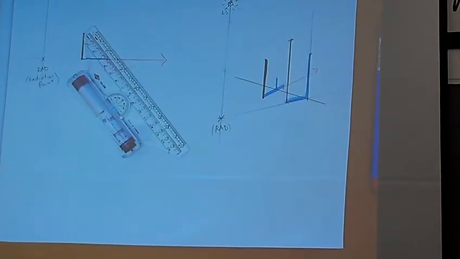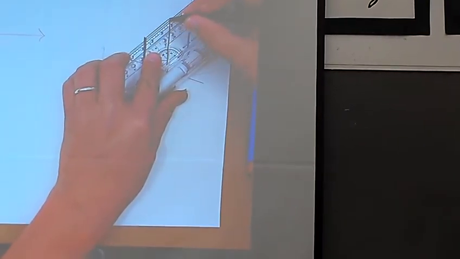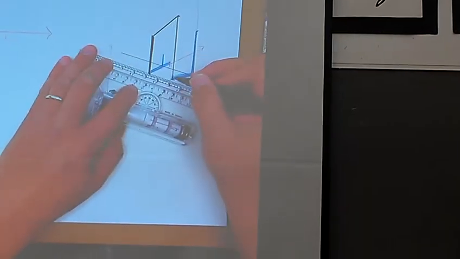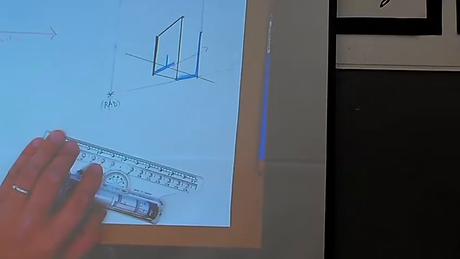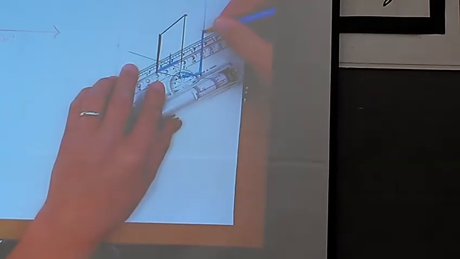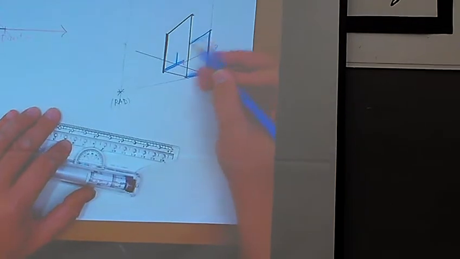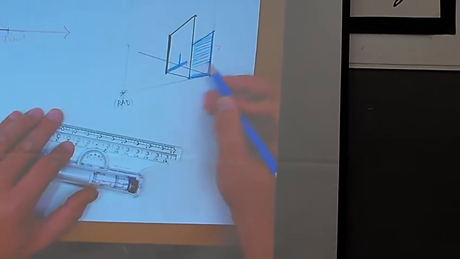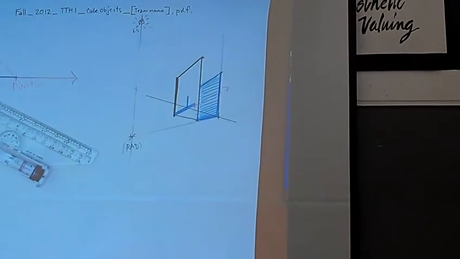That's it. Now, just to mess with your head, if this were a wall, that's it.